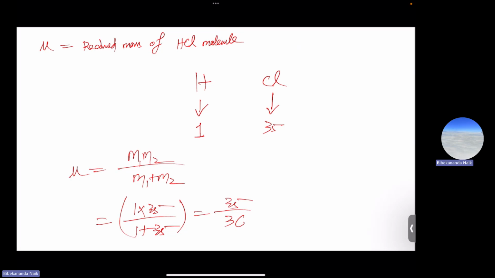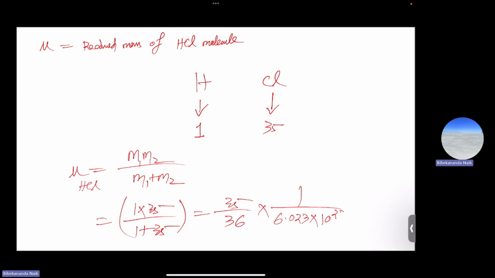Then this is the mass of 1 mole of HCl molecule. Since 1 mole contains Avogadro's number of molecules, we will divide by it in order to calculate the reduced mass of 1 HCl molecule. That will be 6.023 into 10 to the power 23.